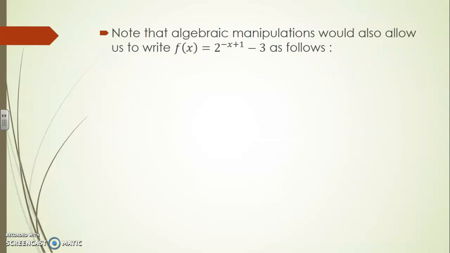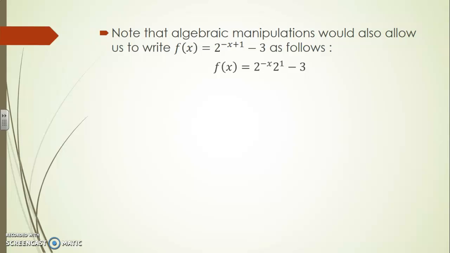Note that algebraic manipulations would also allow us to write f of x equals 2 to the minus x plus 1 minus 3 as follows. Now remember, added exponents means we could actually see this as common base exponents involved in a product.